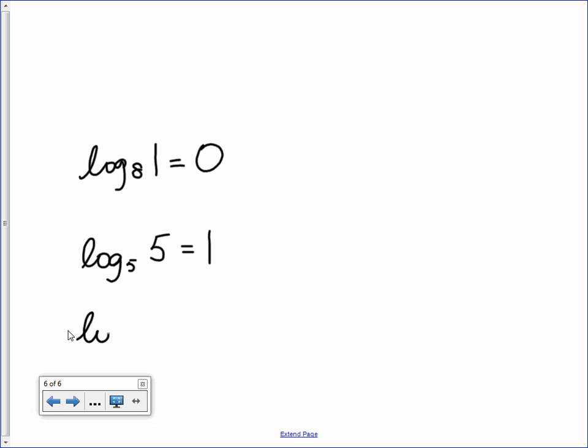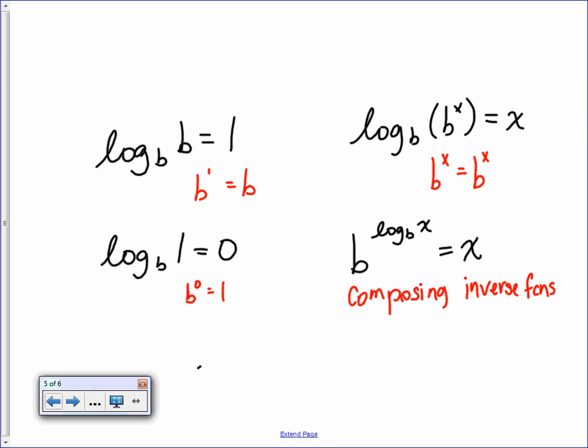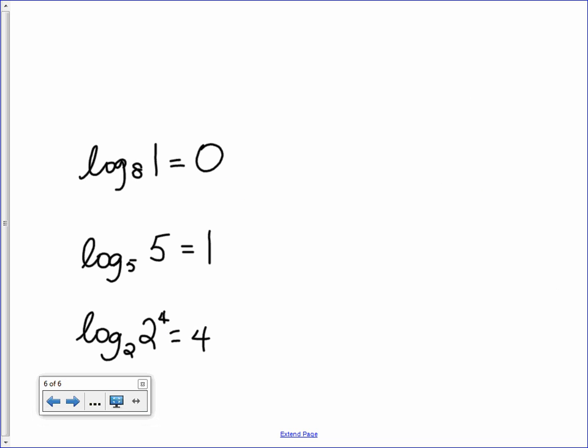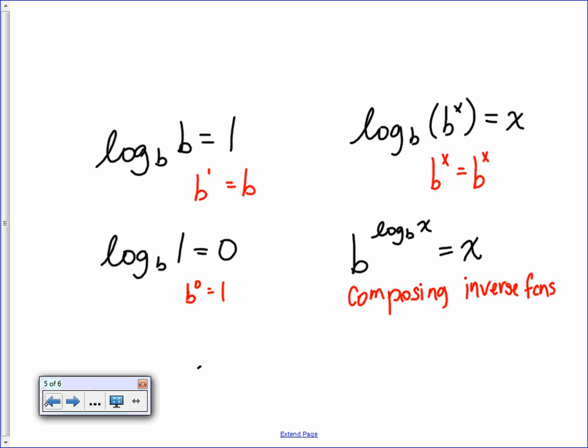How about log base 2 of 2 to the 4th? What's that? It's going to be 4. Can you go back so I can get down to there? How do you get 4?